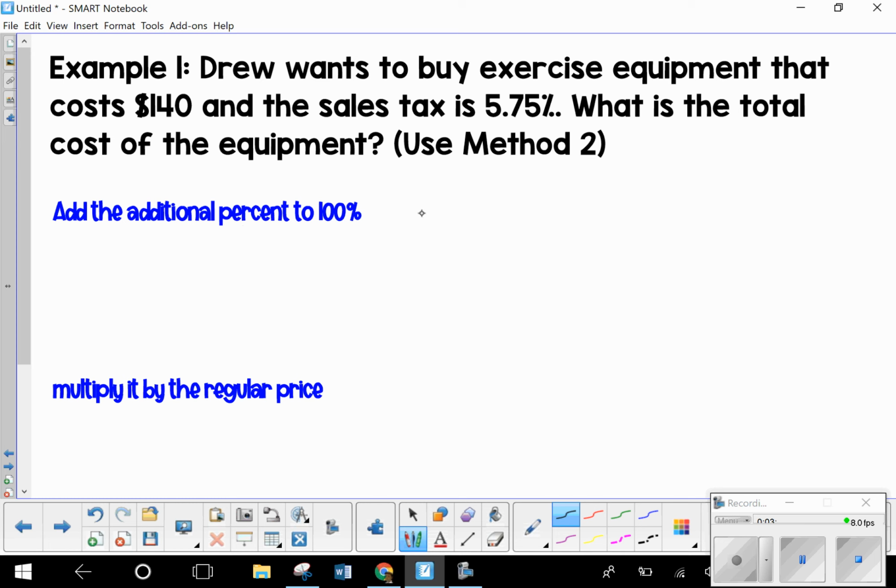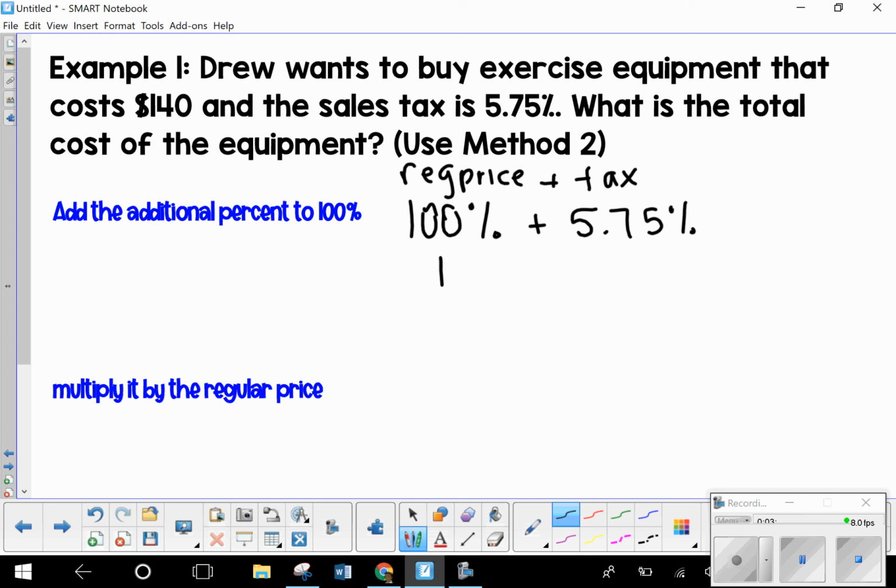So if we are paying 100% of the price, that is the regular price, and we want to add our tax, what we are actually paying for is 105.75% of the price. I'm sorry, the regular price.